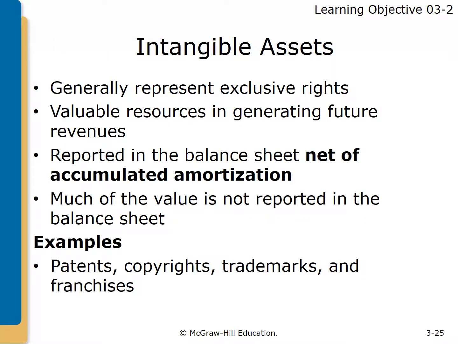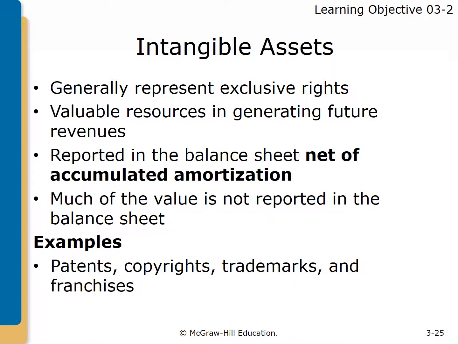The next category of assets, intangible assets. They generally represent exclusive rights, so a legal right. They're more of a legal document, right? And these are used to generate future revenue. Now, some intangible assets, if you remember back to your Accounting 111, are expensed.